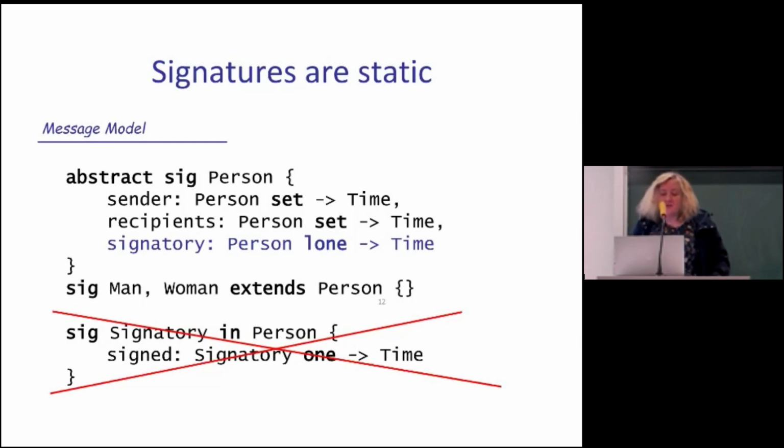When we again revisit our model of a person who sends a message at a given time, so notice here we have a mapping from the set of people to the time, and the recipient receives the message at a certain time, and we have one signatory. And then we may want to be concerned and find some statistics of what type of users are sending the message, or what type of attacks happen to whom.